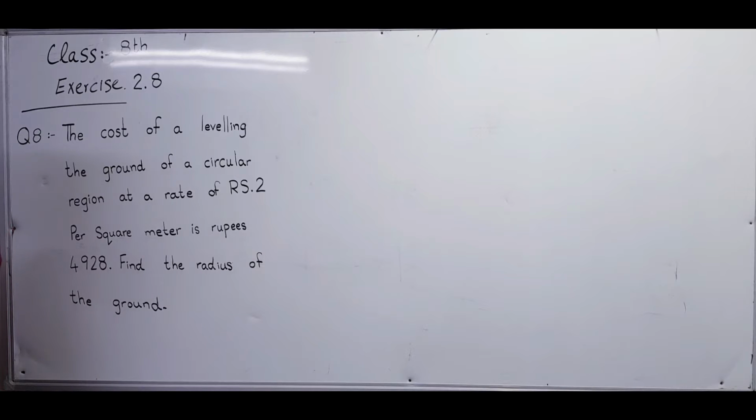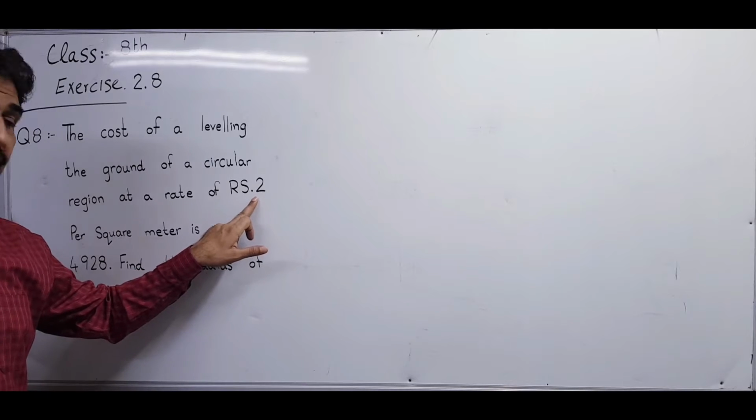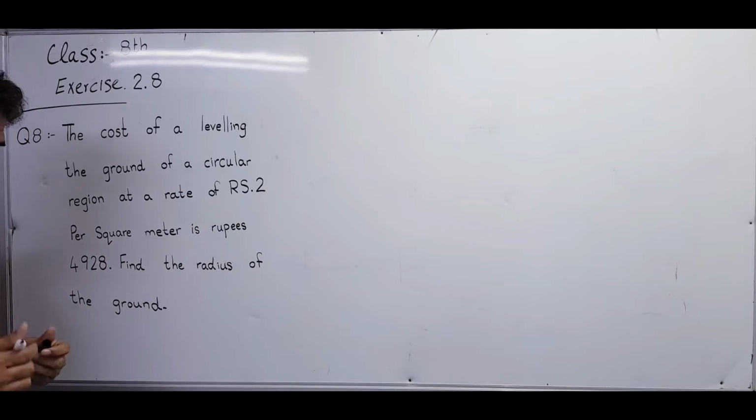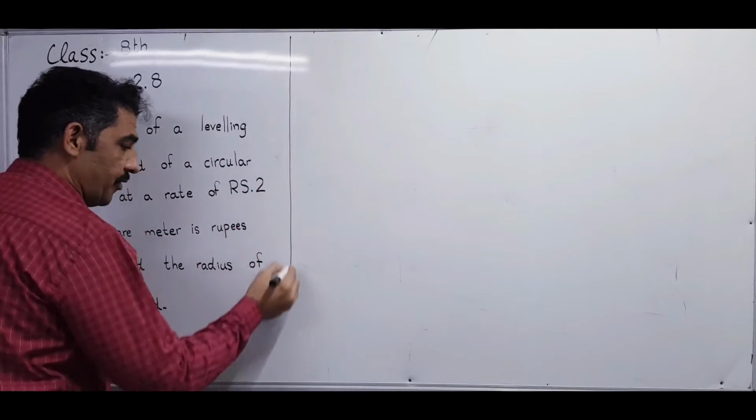Because to find out the radius, first of all we need that area. But there is a clue that when area is multiplied by 2, then we will get this answer, because that is a circular region. We start the solution here.